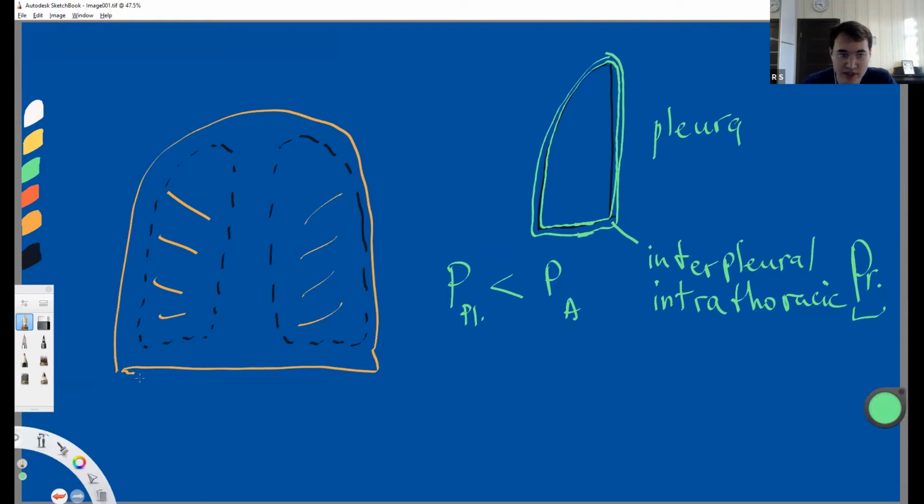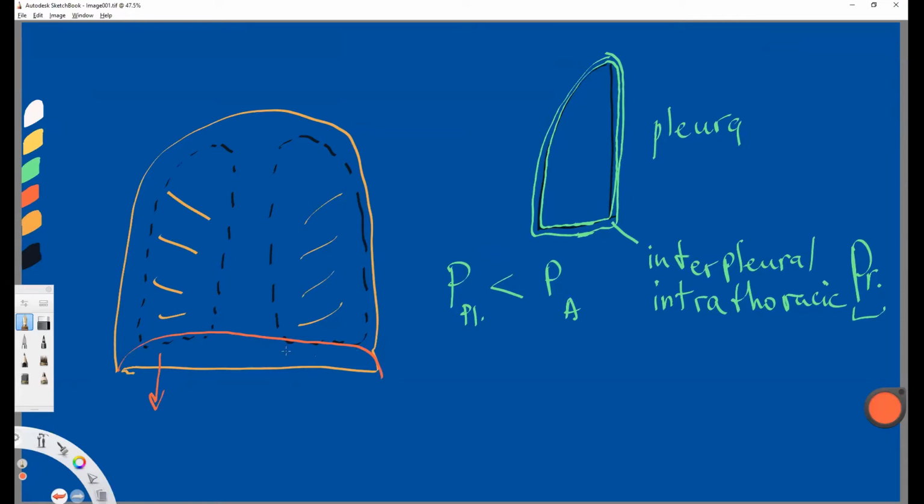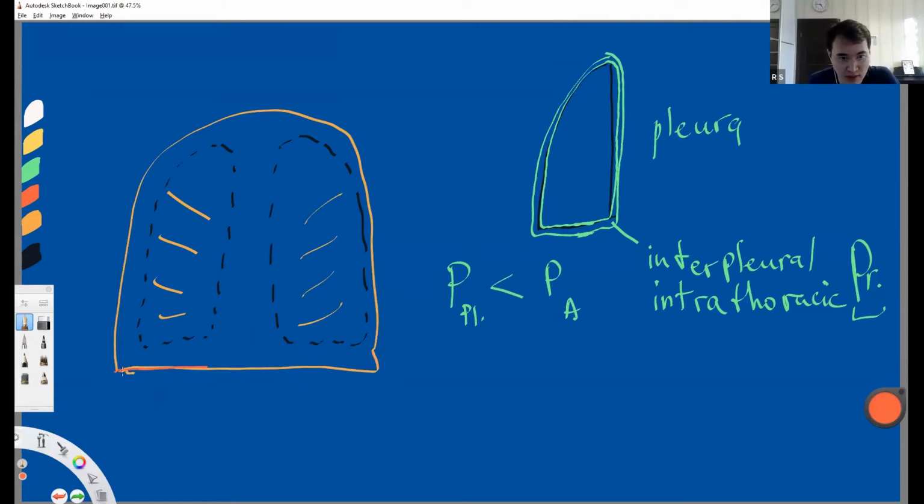But whenever our diaphragm starts moving, the usual condition for our diaphragm is like this. It contracts, and when contracting, it moves down, okay? So instead of this usual view, it will look like this.